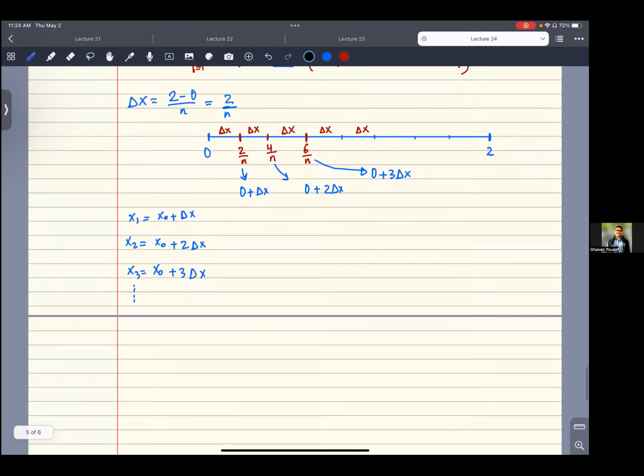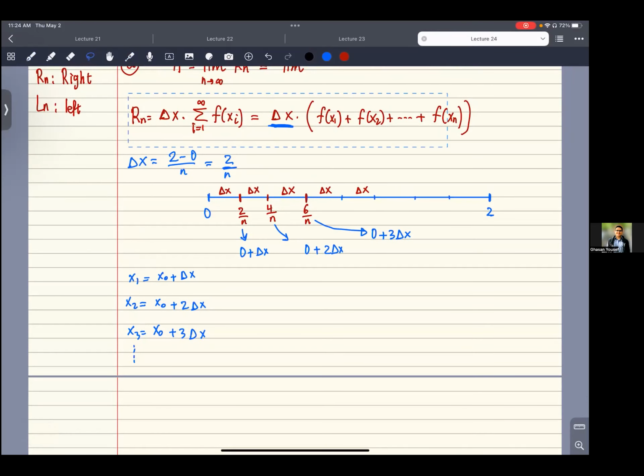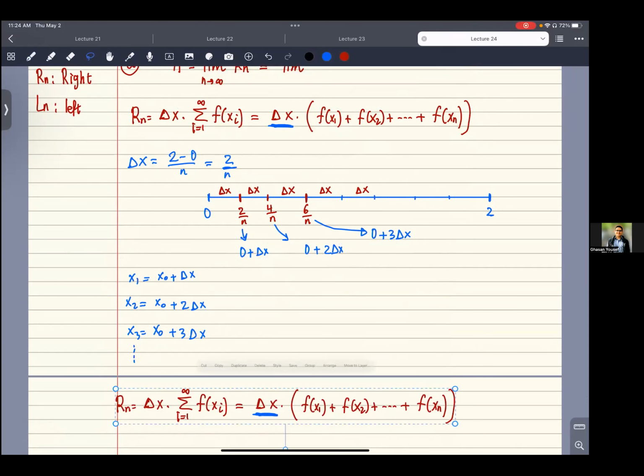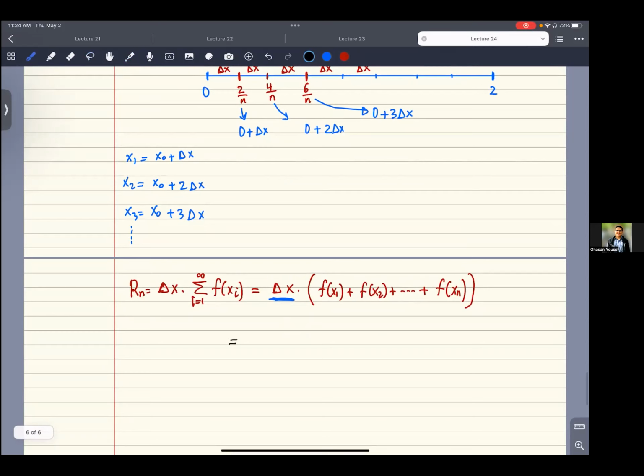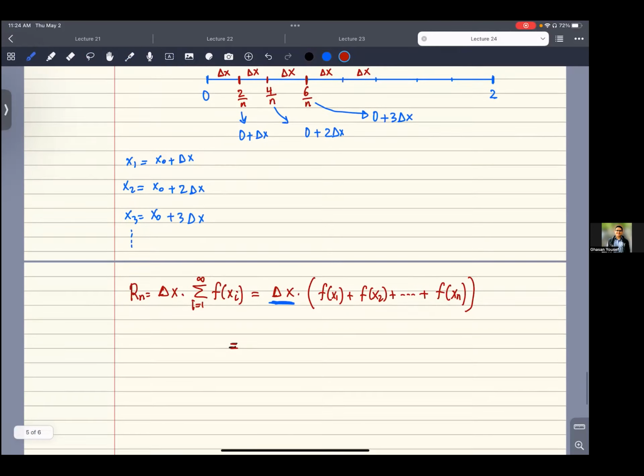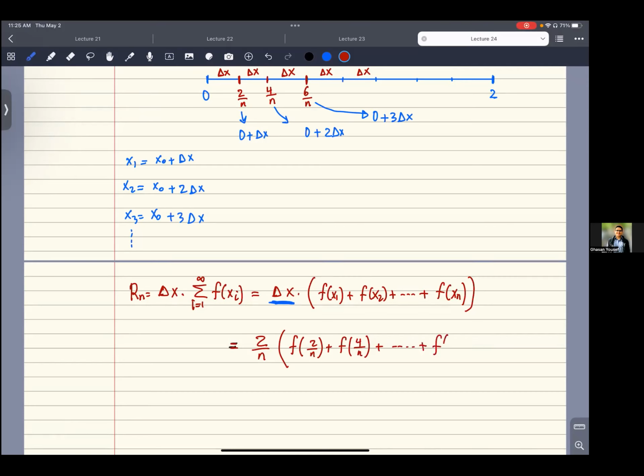I'm going to repeat all these things and find the formula for r of n. Delta x, from the question, is 2 over n. And this is multiplied by f of the first point, 2 over n, plus f of x2, 4 over n, plus dot dot dot plus f of 2n over n.